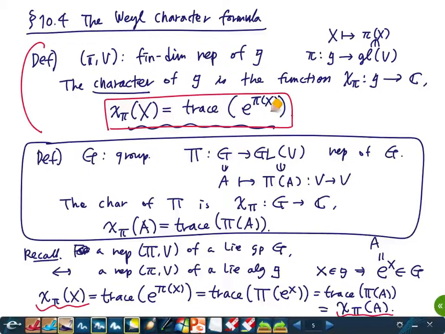You will see that. Anyway, this is the definition. And this trace, so it looks like a small piece of information about this representation, but the interesting thing is that it contains all information of this. The character determines the representation.